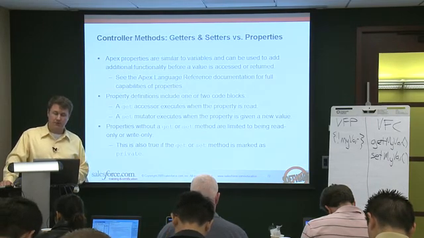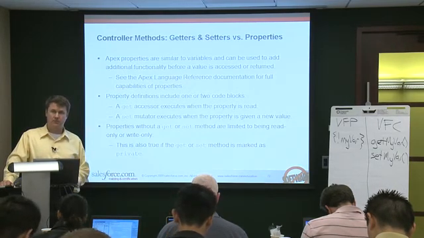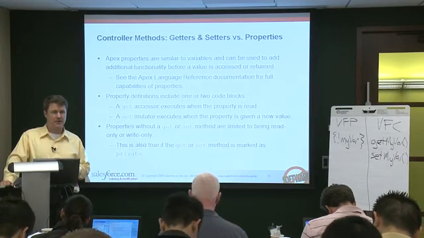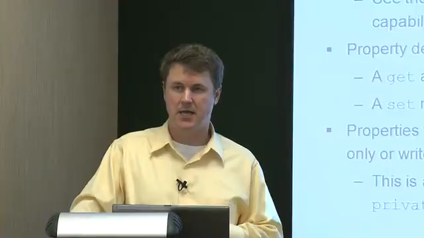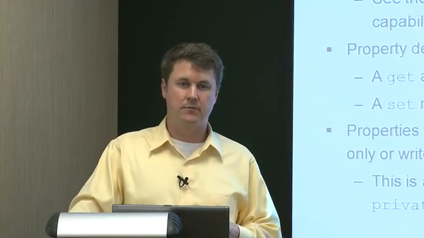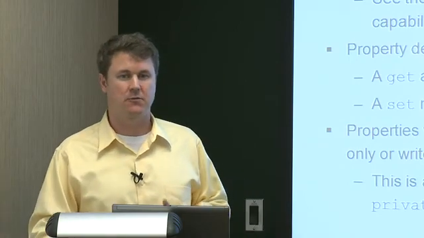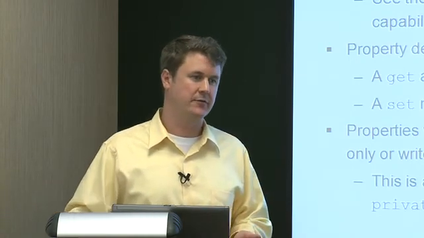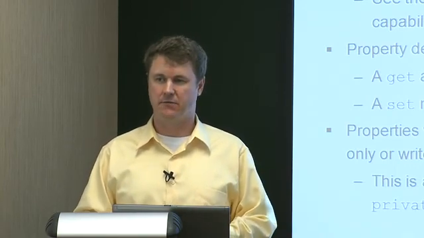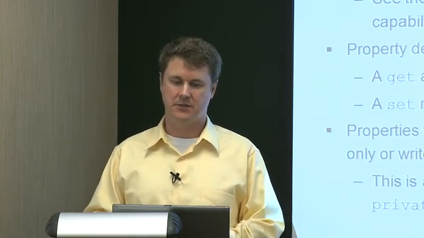So what I've shown you so far is we've talked about how there would be a get version of the method and then a set version of the method. Well, it's a really inefficient way to write code to, every time you have a variable, first declare the variable, then write a method for getting it, and then write a method for setting it.